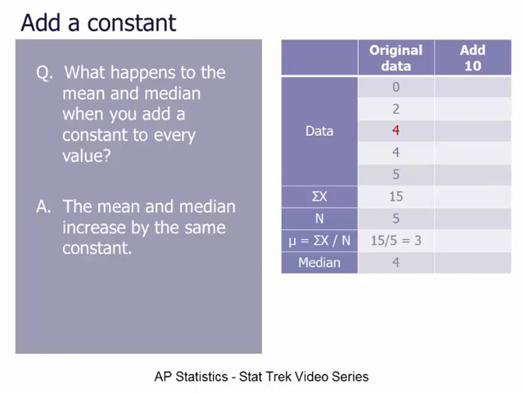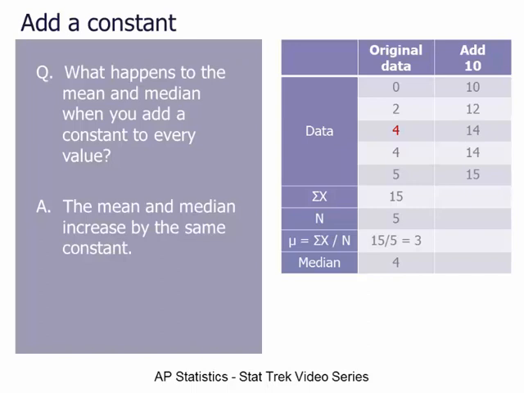Now, let's see what happens to the mean and median after we add the constant 10 to each value in the original data set. Adding 10 results in a new data set with entries of 10, 12, 14, 14, and 15. To compute the mean of the new data set, we need to compute sigma x, the sum of all the values in the data set.